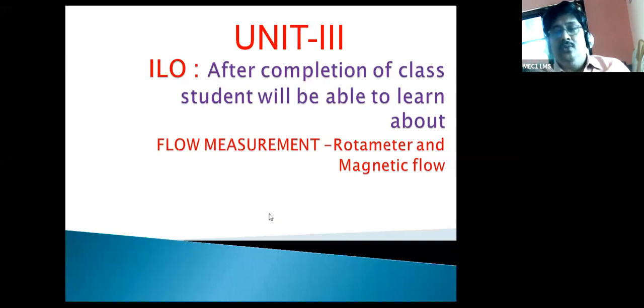Then we discussed the cryogenic fuel level type indicators. In this, a superconductor wire is arranged in the form of a loop, and the bottom of the loop touches the bottom of the tank containing the fuel whose level has to be measured.